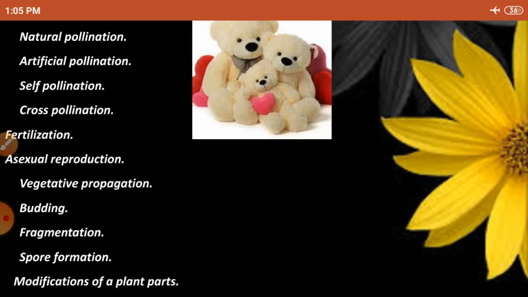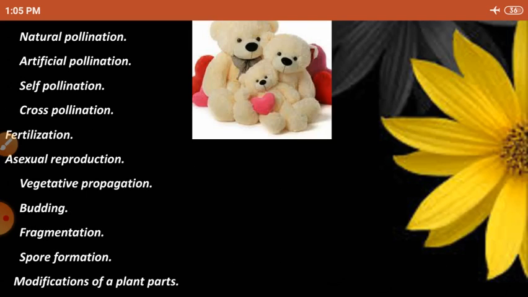Same variety of plants but another flower is known as cross pollination. Different kinds of flowers and different kinds of plants are non-pollinated flowers, where no pollination process occurs.